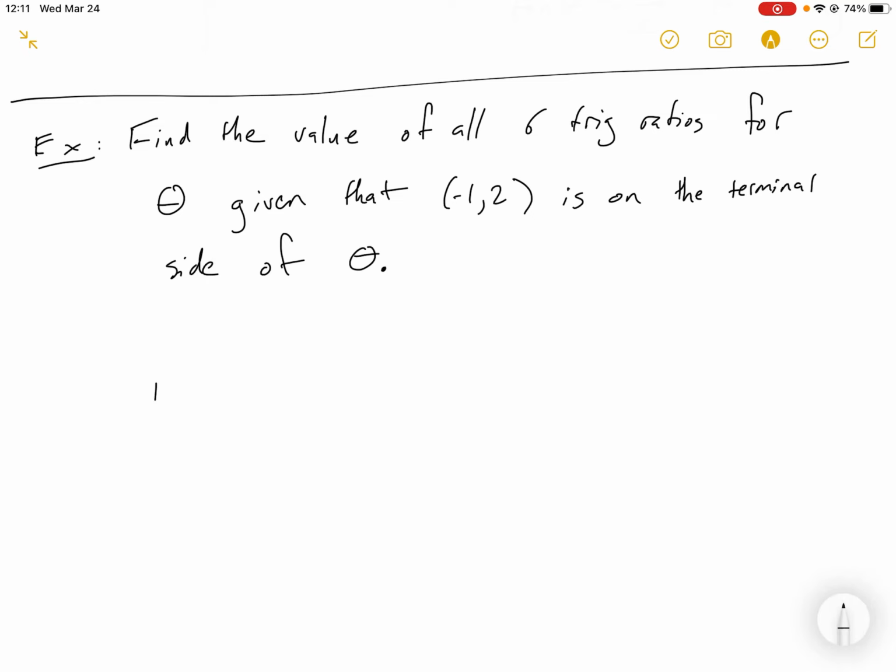All right, so the first thing to do is to draw a quick sketch. Let's draw our coordinate plane. I have x and I have y. The point -1, 2 is roughly here. If I draw a line going through the point -1, 2, the angle I'm talking about is this angle here, theta, starting at the x-axis in standard position and ending on that ray that goes through -1, 2.